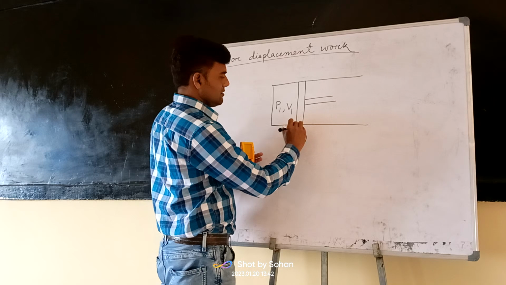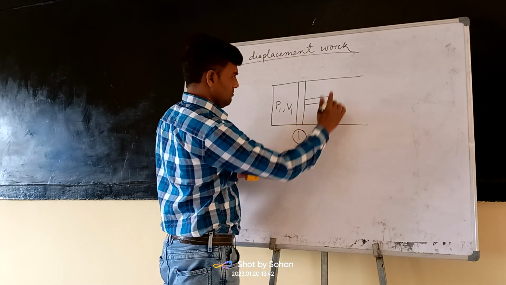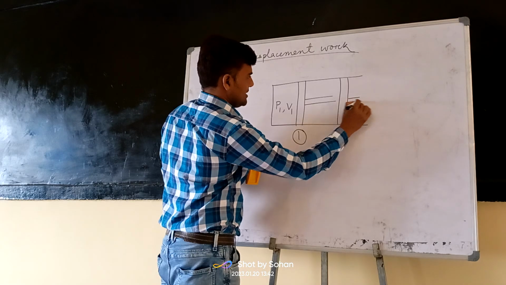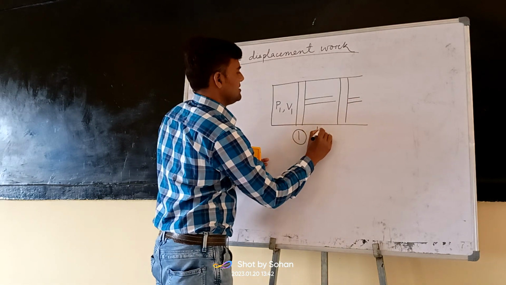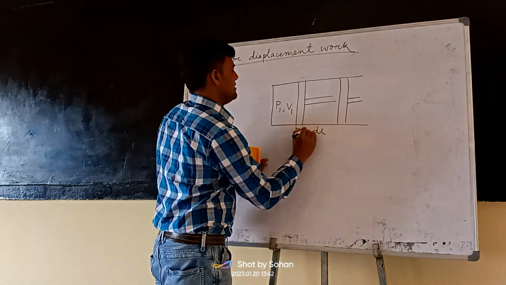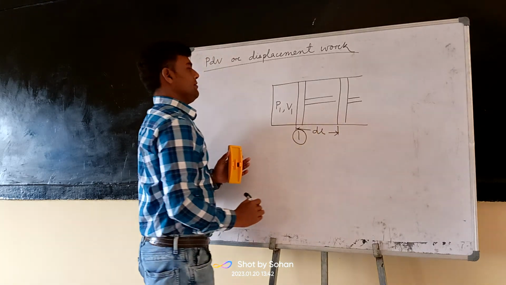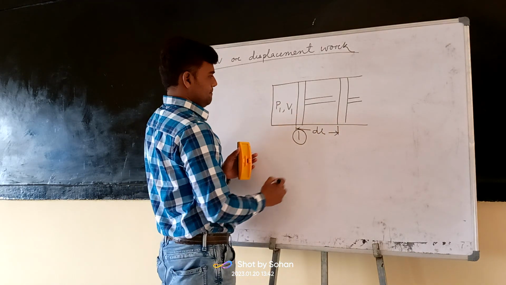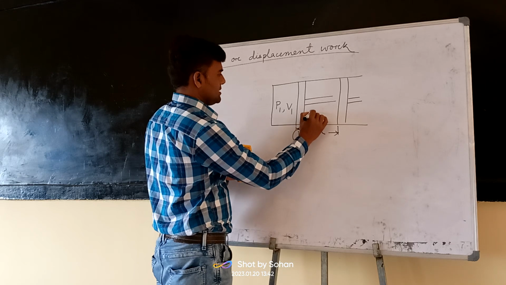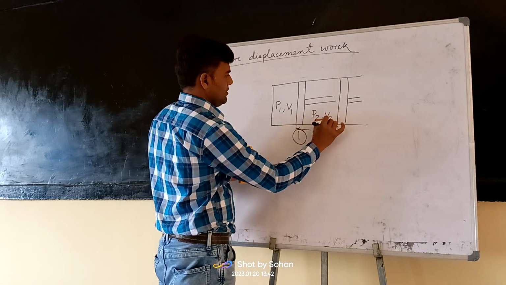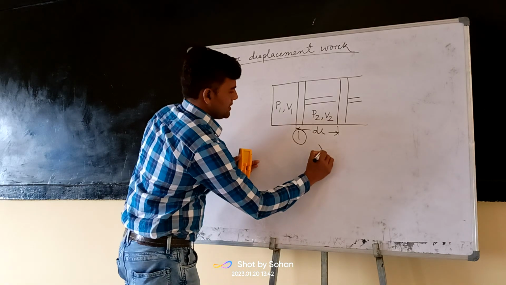If the piston displaces some distance, let dl, then finally the properties are pressure P2 and volume V2.